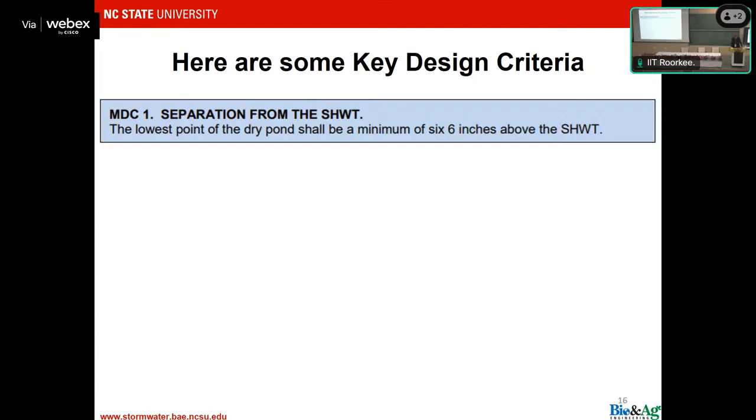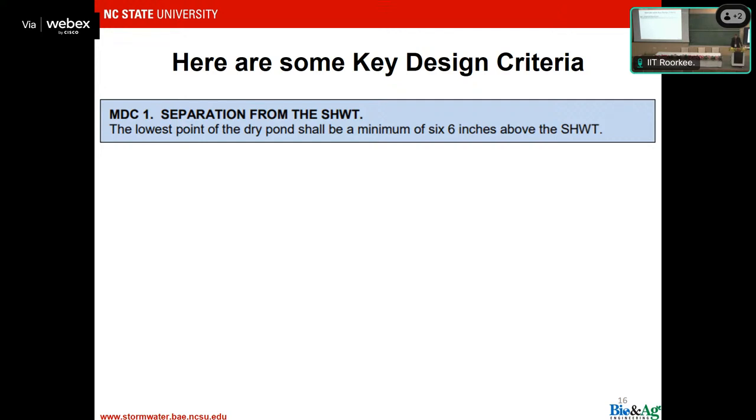So one of the things about a dry pond, which makes it a little less likely to be used in Rookie, is that the dry pond has to stay dry. So that means it has to be located above the seasonally high water table, all right? Dry ponds tend to be deeper systems.